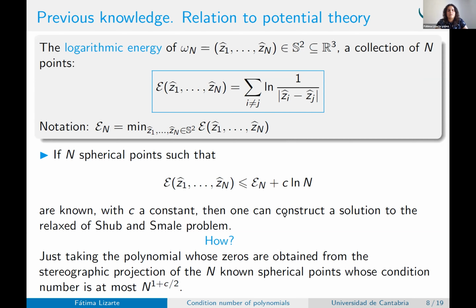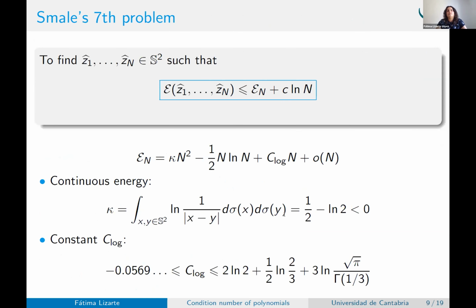So, Smale's seventh problem is to give a simple and efficient description, or alternatively, to describe an algorithm, to place n points on the sphere such that the logarithmic energy is very close to the minimum. Although it is a simple statement, it has proven to be a problem of great theoretical difficulty.